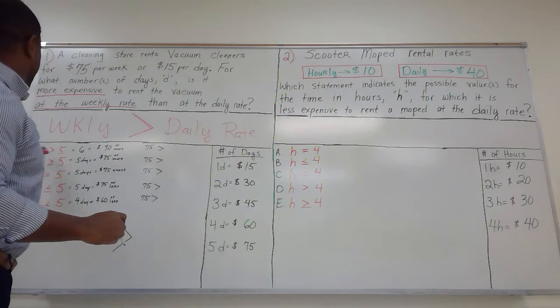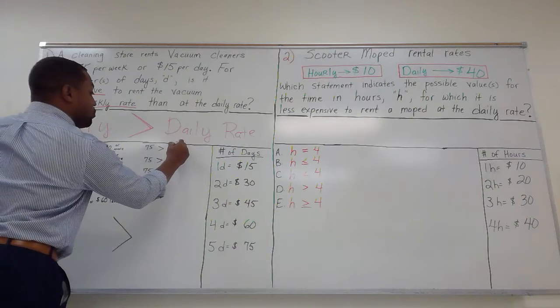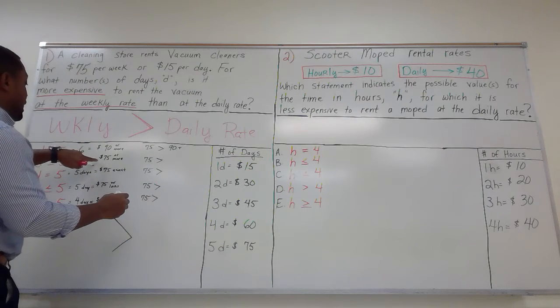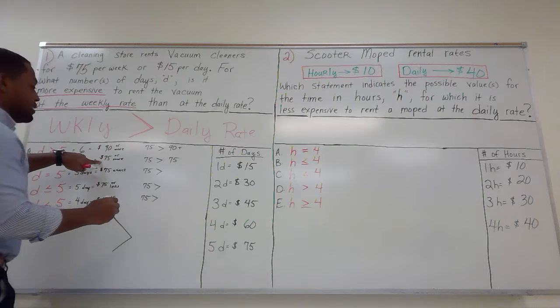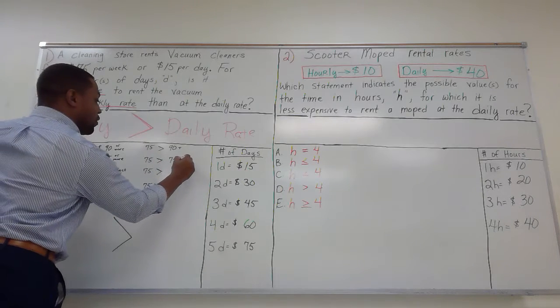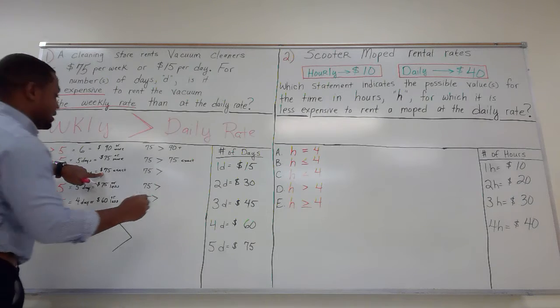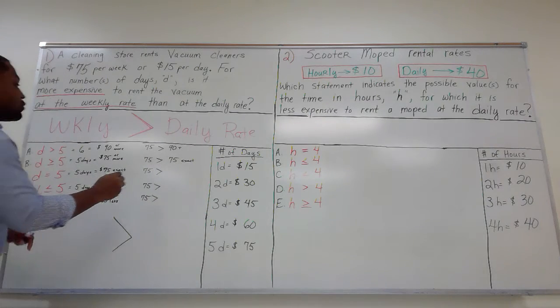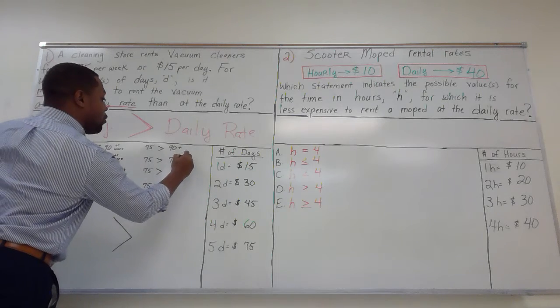Now A says 90 or more. B is exactly 75. This one is 75 or more.